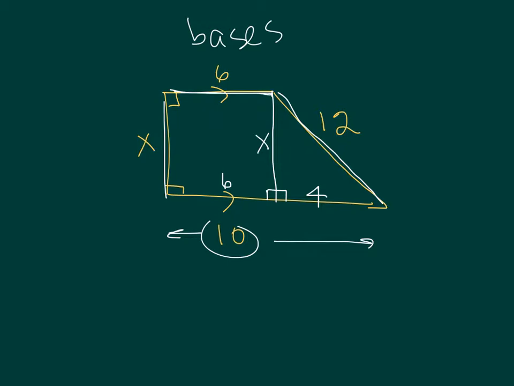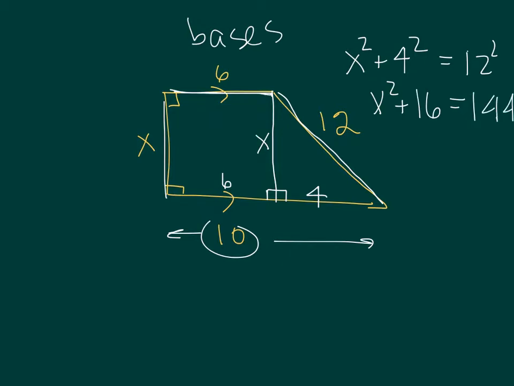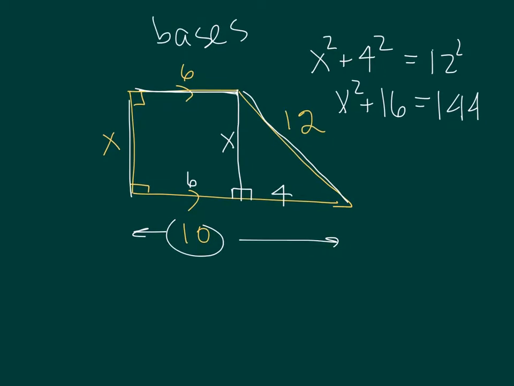So we can use the Pythagorean theorem. x squared plus 4 squared is equal to the hypotenuse squared, which gives us x squared plus 16 is equal to 144. And if I subtract 16 from both sides, that's going to give me x squared is equal to 128. I'm going to square root both sides.